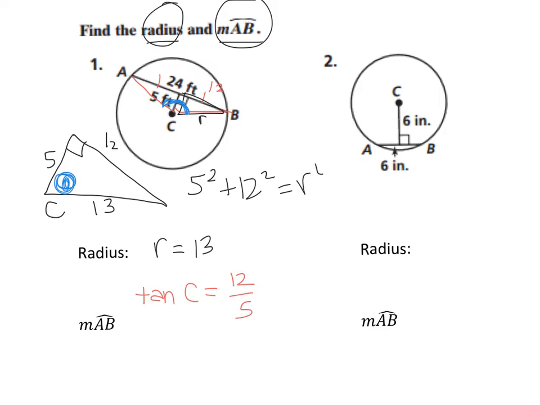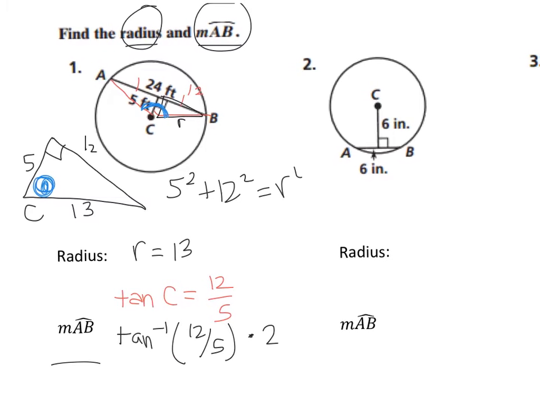So remember, when you're trying to find the angle measure, you're going to use inverse. So I do tangent inverse of 12/5. I get that answer and I times it by 2. That's the measure of the arc. So put that in your calculator and multiply it by 2. Make sure you close the parentheses off.